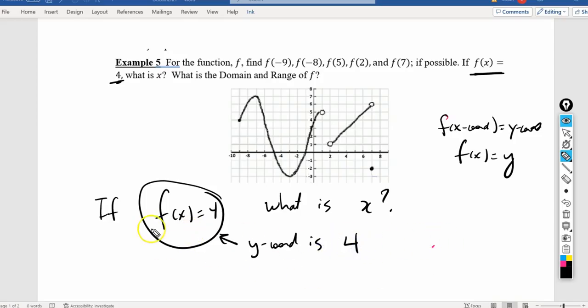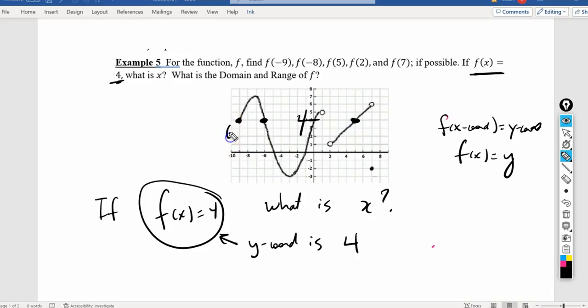That's what it's telling you. If f of x is equal to 4, if the y-coordinate is 4, what is the x-coordinate? So you need to find all the points whose y-coordinate is 4. There's one there, there's one there, and there's one there. So there are 3 points with y-coordinate equal to 4.